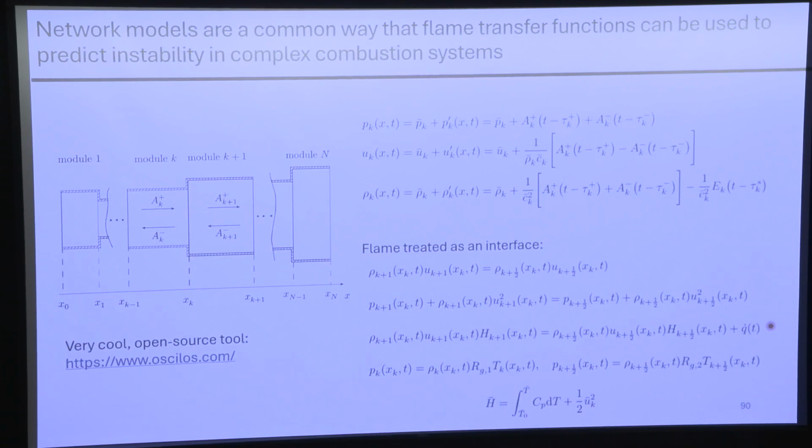The very basic one is called the n-tau model, which is a very old but still kind of trusty way of modeling flame response. If you just want a super quick first cut, use the n-tau model. But you can now put in curve fits of your own measured flame transfer functions and look at the response of your system, which is pretty awesome.